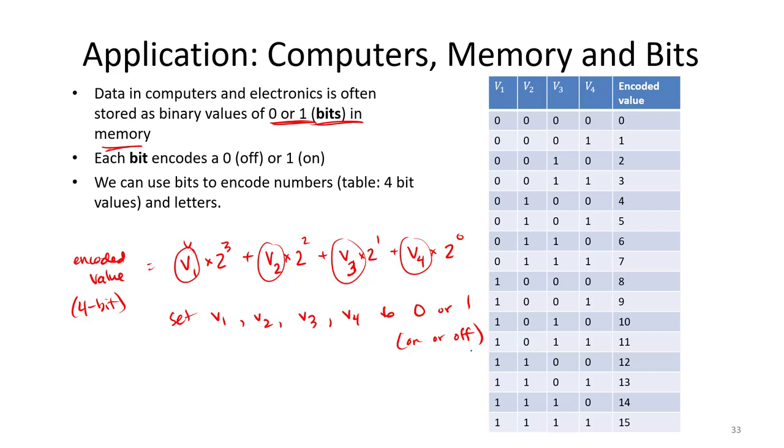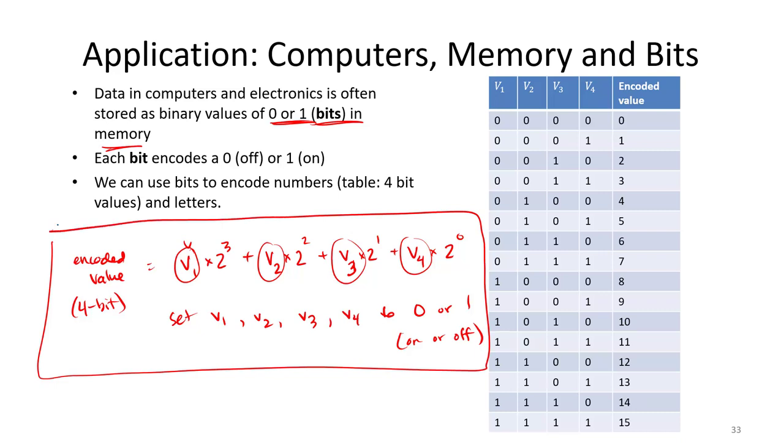Later in the course, we'll talk more about how bits and memory work. For now, here's just a very short summary. You can use a sequence of bits to encode certain values. So here, for example, if I have a 4-bit piece of memory, I can use the voltages V1, V2, V3, and V4 across each bit, and I can have each voltage either be on or off.